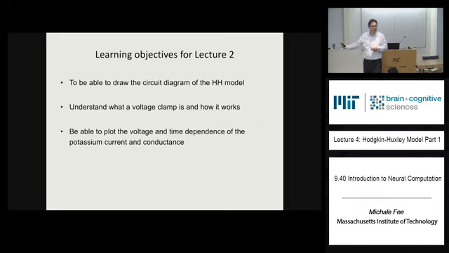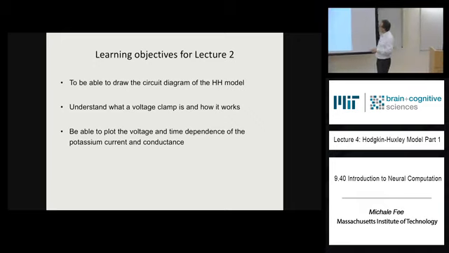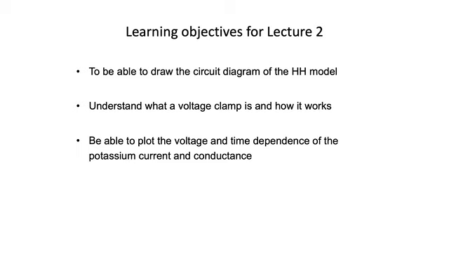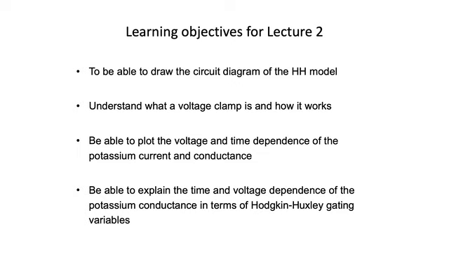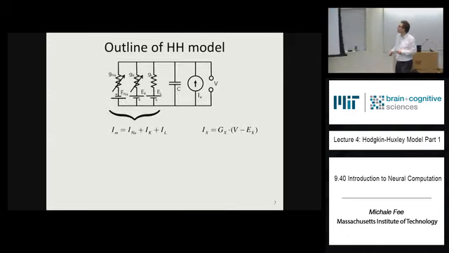In the next lecture, we'll talk about the sodium current, so we'll add that to our list of things that we need to know. But for today, I'd like you to be able to plot the voltage and time dependence of the potassium current and conductance, and be able to explain biophysically where the time and voltage dependence of that potassium conductance comes from, and be able to write it down in terms of quantities that are called the Hodgkin-Huxley gating variables. Okay, so that's the plan.